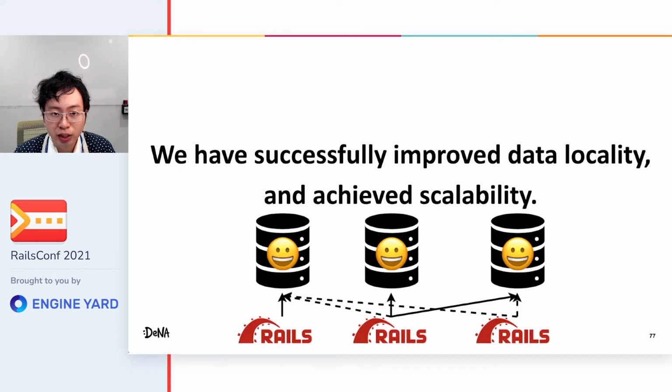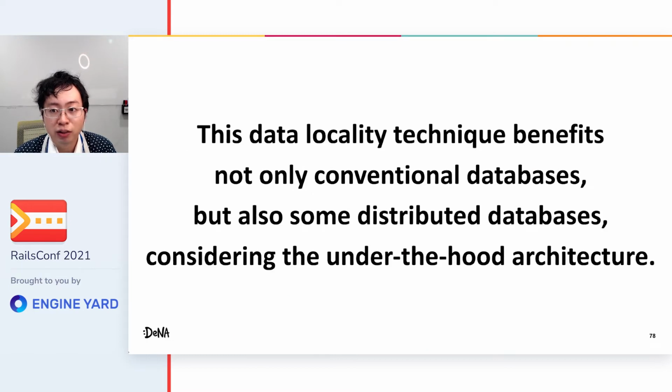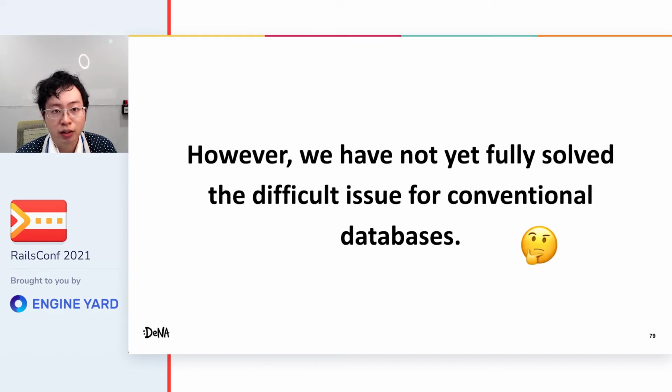We have successfully improved data locality and achieved scalability. This data locality technique benefits not only conventional databases but also some distributed databases, considering the under-the-hood architecture. However, we have not yet fully solved the difficult issue for conventional databases.